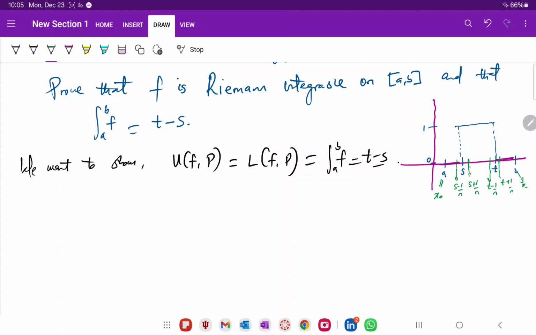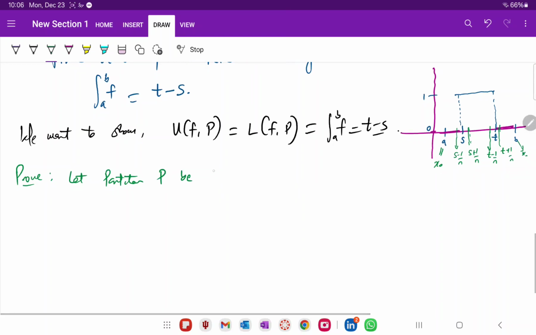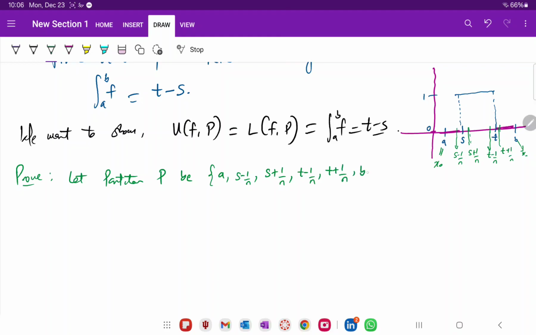So with that now, let partition P be a, x minus 1 over n, s plus 1 over n, t minus 1 over n, t plus 1 over n, and then our b.